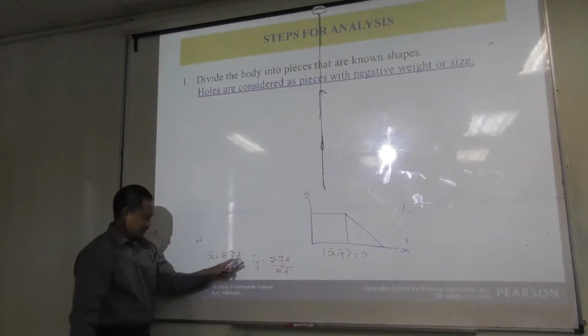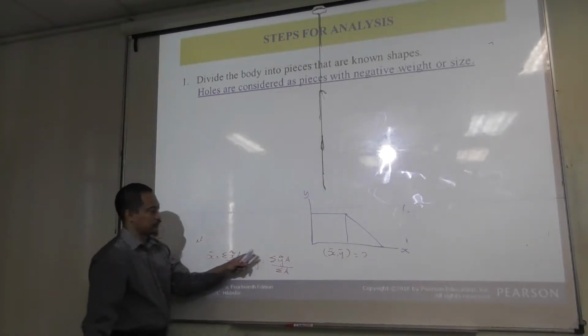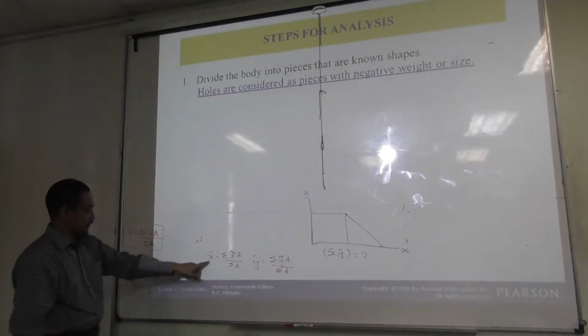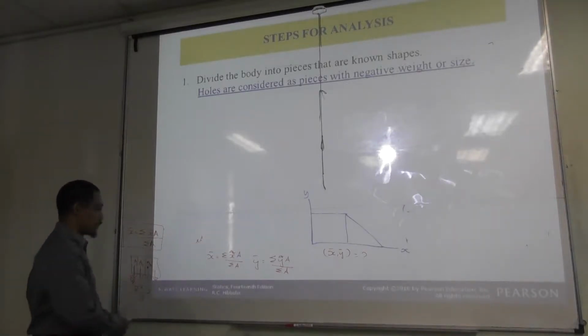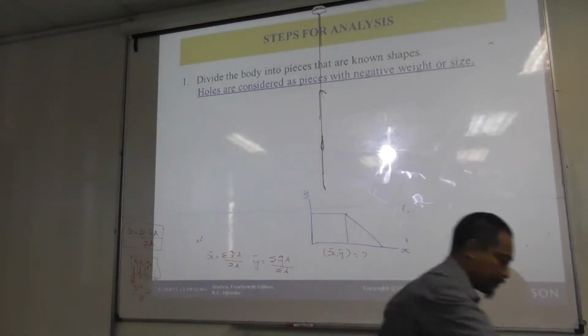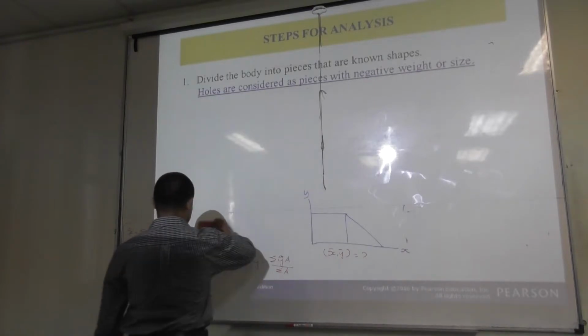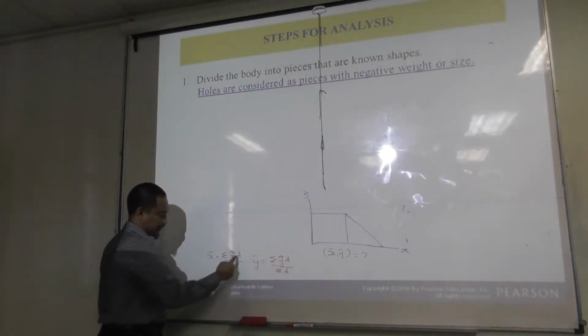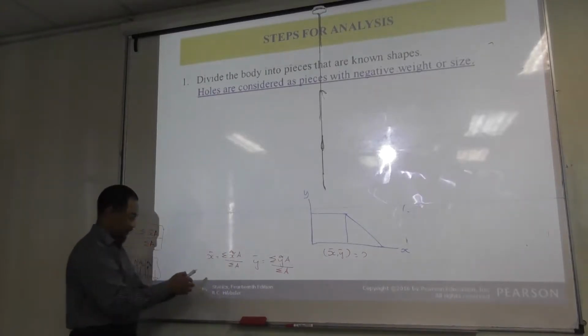Each segment area here also corresponds to that area. This one is the full area. Now, based on this, you need x, you need y, and you need a for each corresponding segment.